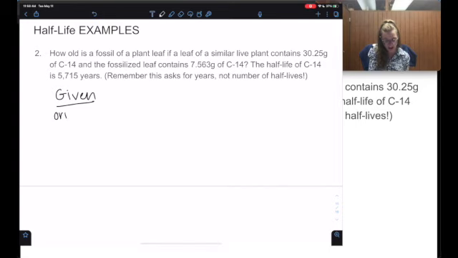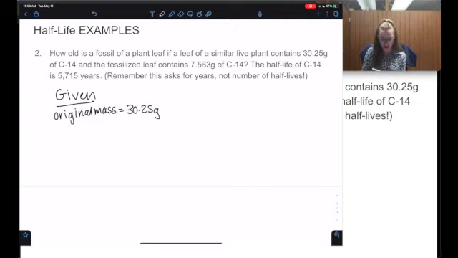So original mass is 30.25 grams. And then it tells us that the fossilized leaf itself contains 7.563 grams of carbon-14. So that's going to be how much mass remains. Let's call that remaining mass for right now. How's that sound? We'll call it remaining mass.